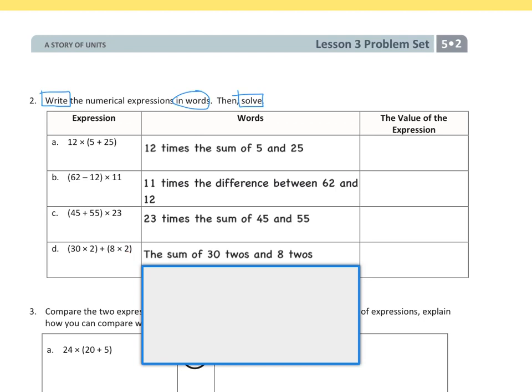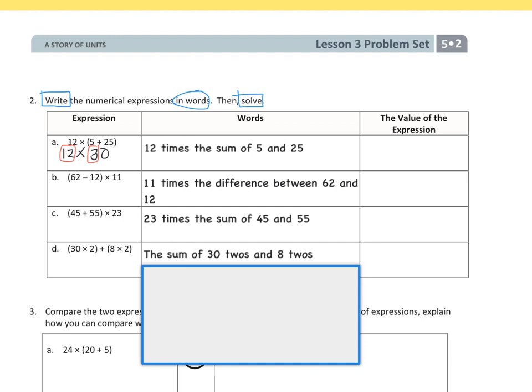So now let's go back and solve some of these for an actual answer. So 2a, we're going to actually add what's in parentheses first. 5 plus 25 is 30. That's easy. And we're going to now multiply it by 12. Now, this is not really hard multiplication because we can find some basic math facts. I do know that if I multiply 12 times 3, I can get my answer pretty quick.